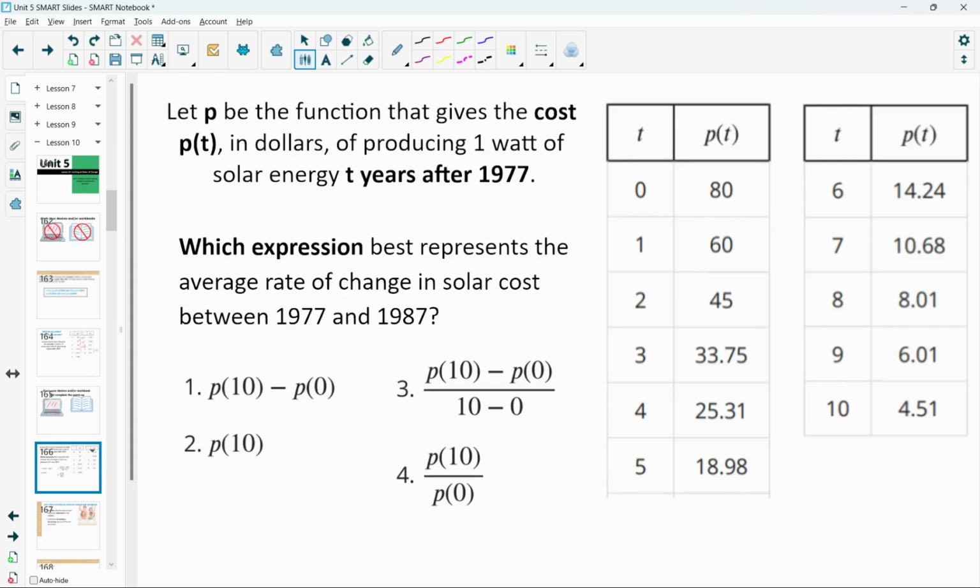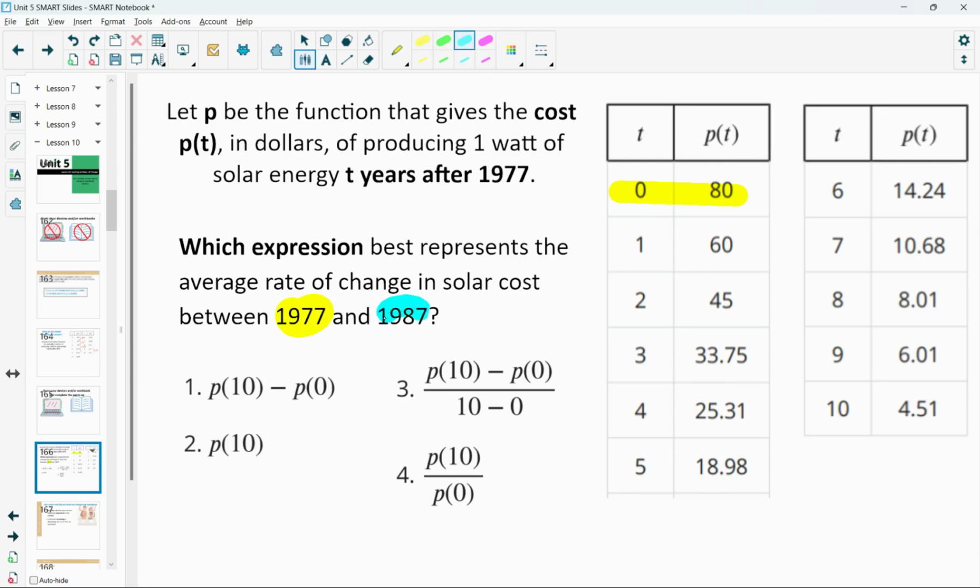So figure out which expression represents the average rate of change in solar cost between 1977 and 1987. And you can pause the video to give yourself time to think here. So we're looking at 1977, which is the first year that this table started, right? So that's 1977.